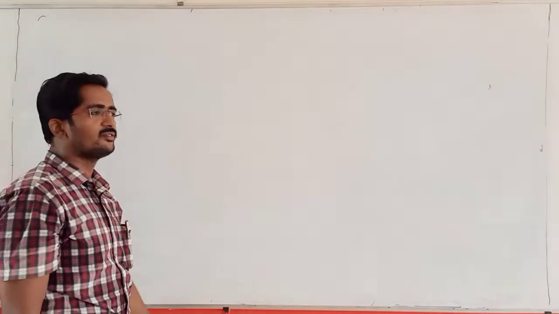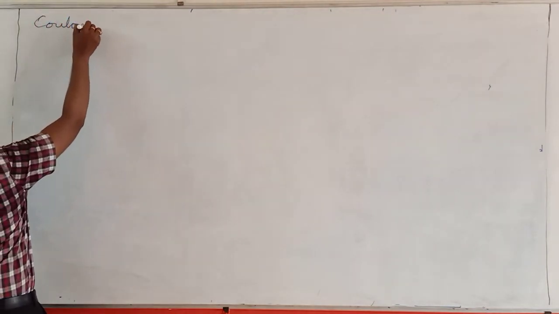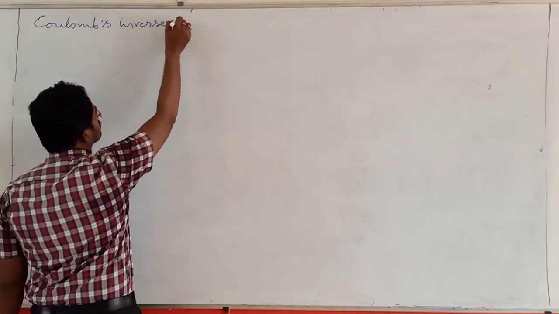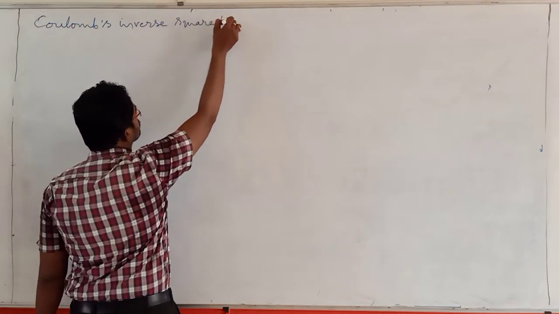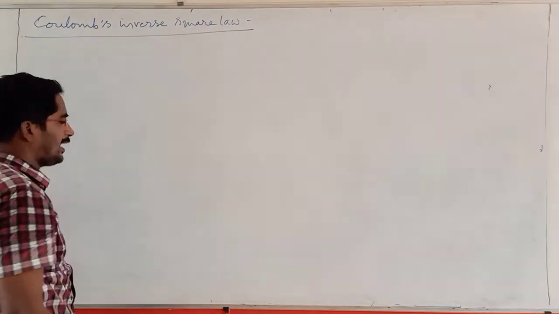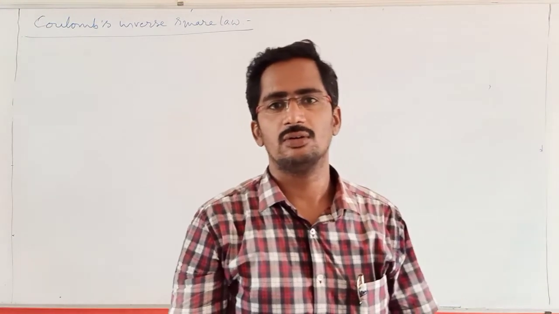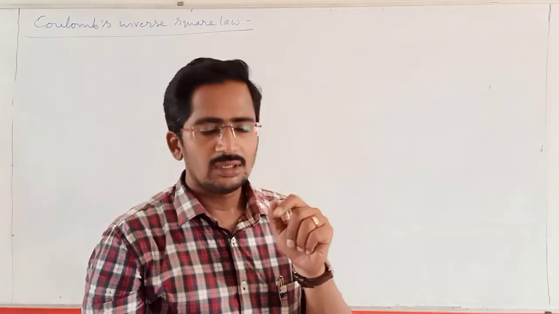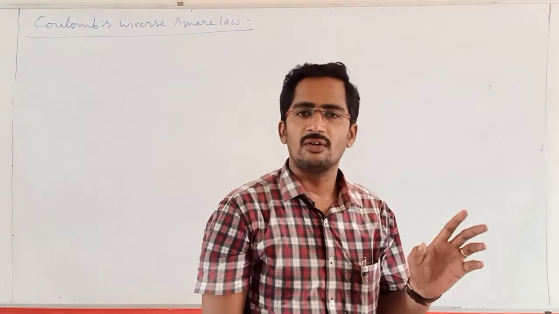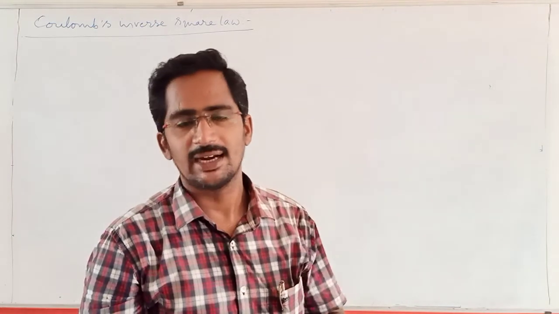Now see Coulomb's inverse square law. Actually, the same Coulomb inverse square law I have studied in electrostatics also. That law explains the magnitude of force acting between two charges in electrostatics.